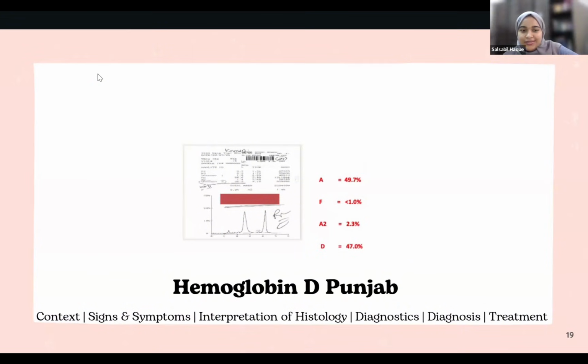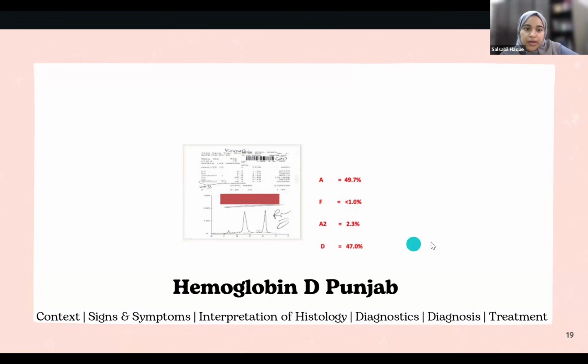However, I don't think there's much to know about it. If there's D, it's hemoglobin D Punjab, and you should do genetic testing and screen the family because they have risk of hemoglobinopathies such as sickle cell anemia, thalassemia, hemoglobin S D disease, or combined hemoglobinopathies as well. So that's the only significance.